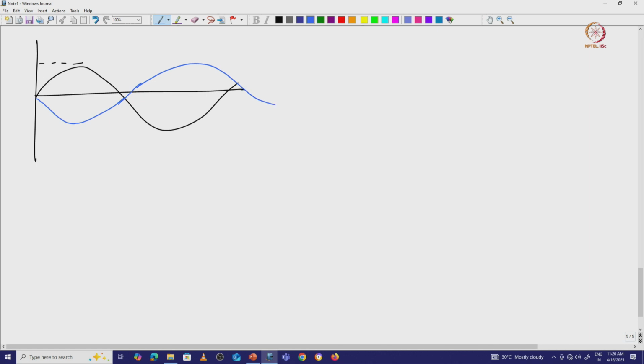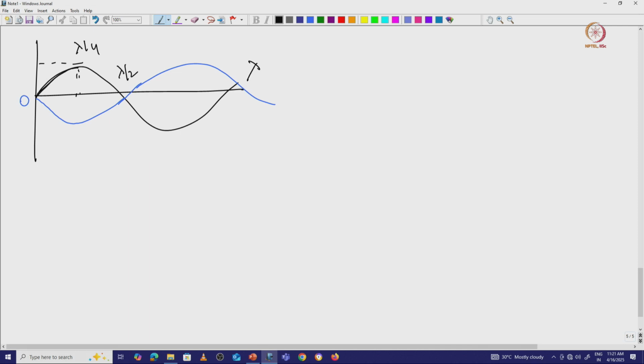Then you can see the start point is 0 for both waves, but one wave propagates in this direction where we are starting at 0, then lambda by 4, then lambda by 2, then 3 lambda by 2, and then complete lambda.